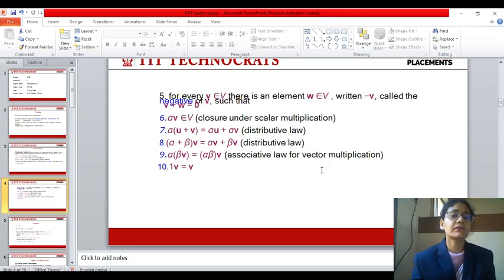The next we have the inverse vector, or you can say negative. So what is an inverse? An inverse is such a vector which we add to any vector, and the result we get is the identity element, which is the 0 vector. For example, if I have a vector 1, 2, which vector should I add with 1, 2 to get 0, 0?